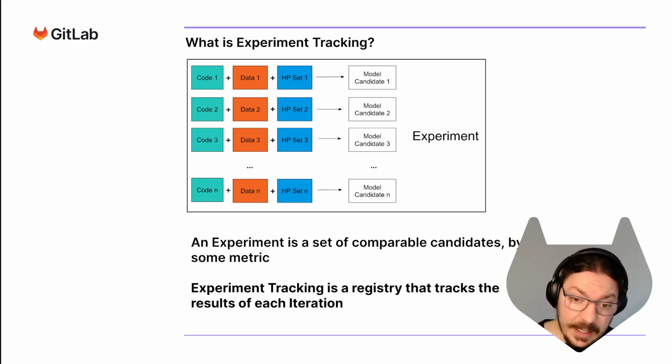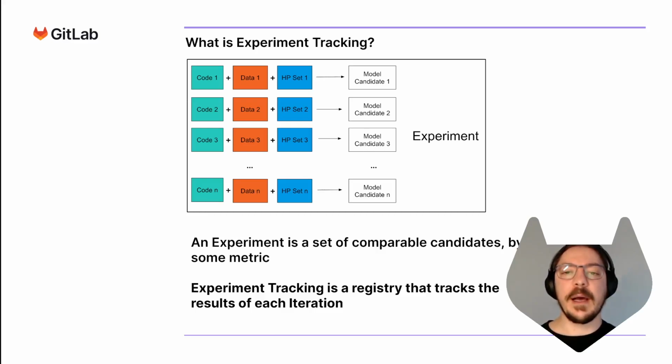Experiment tracking is a metadata registry that tracks the results of each of these candidates. So I can have multiple experiments with many hundreds of candidates, and I will be able to search and compare them, as long as they follow some of the same comparison measures, so some metric that they all have in common.